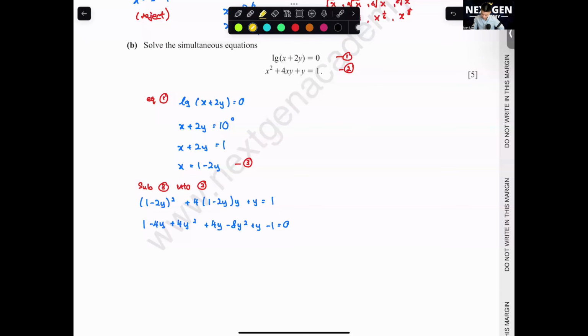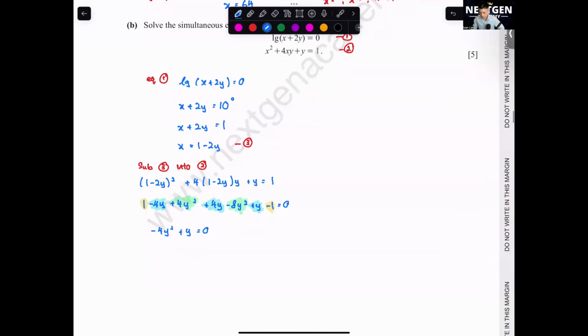Okay, we gather all the like terms. 1 and negative 1, so this one will become 0. Minus 4y, y, and y, so we'll be left with y. Then 4y squared minus 8y squared, so we will end up with minus 4y squared plus y. Okay, minus 4y squared plus y equals to 0.